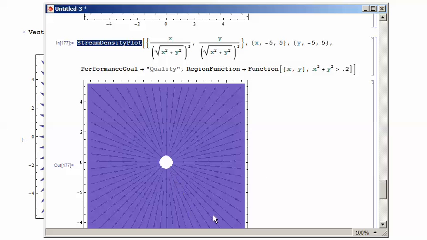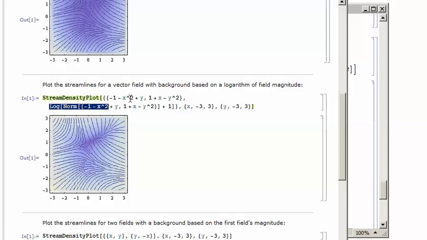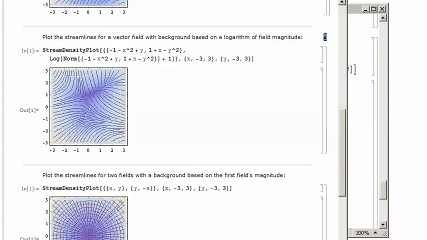Unfortunately, all of the magnitude in these regions is considered by this program to be approximately 0. So they end up being exactly the same density. They have options in here to use the logarithm of the field magnitude instead, but I'm not sure if I want to spend the time on that right now.